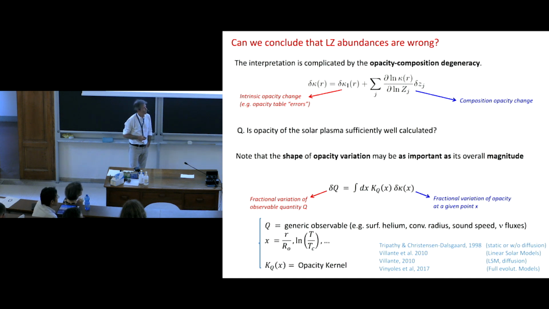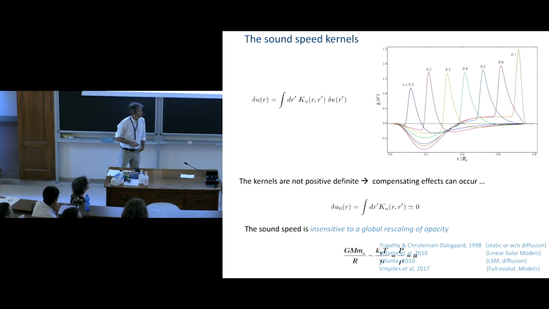So at a linear level, you expect that if you modify the model by introducing this kind of global opacity variation, the model responds by producing a new prediction for the different quantities, and so a fractional variation of the generic observable, which could be the surface helium, the convective radius, the sound speed, or the neutrino fluxes.